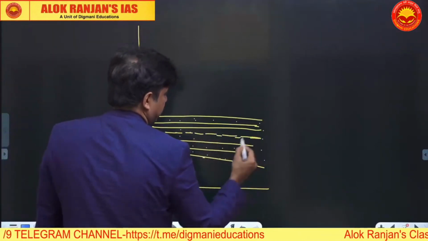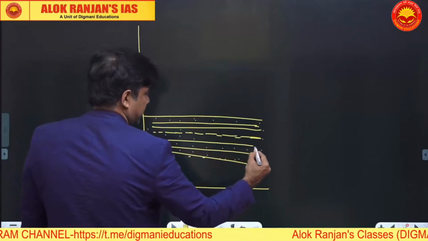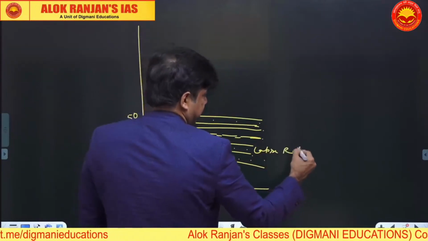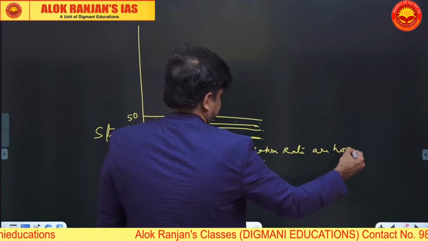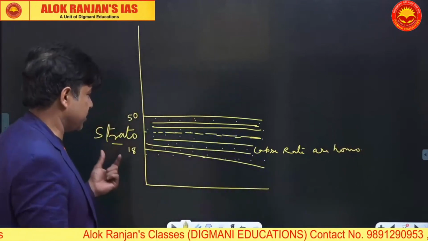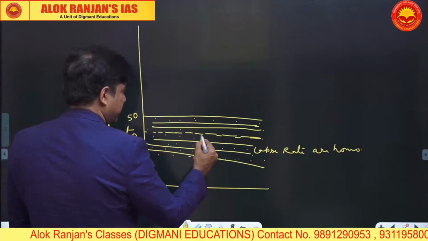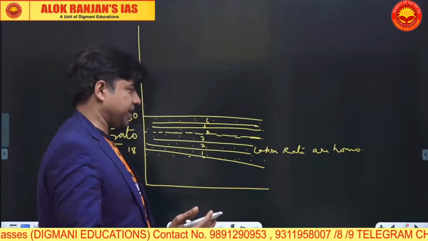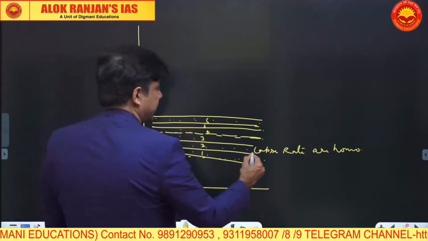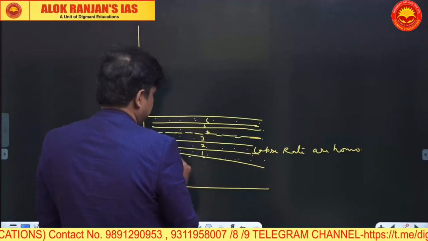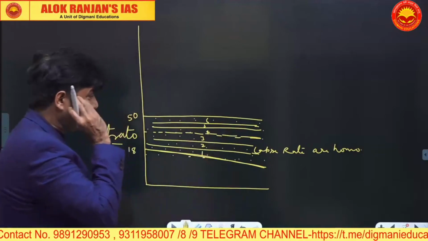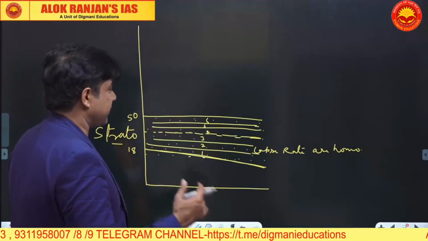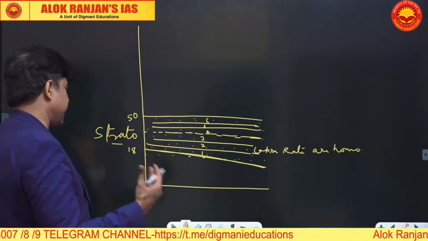As I told you, in each layer the lapse rate, meaning the temperature change with altitude, is homogeneous. If there are 6 layers, in each layer the density of air is also homogeneous, as well as the lapse rate. That is what has given this sphere the name stratosphere.